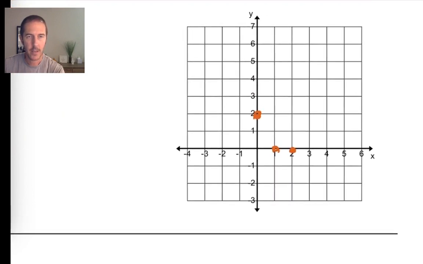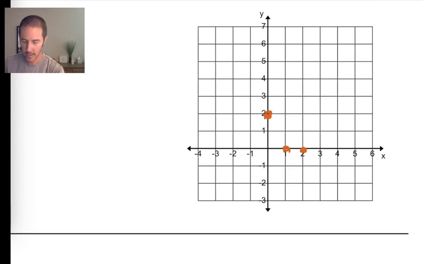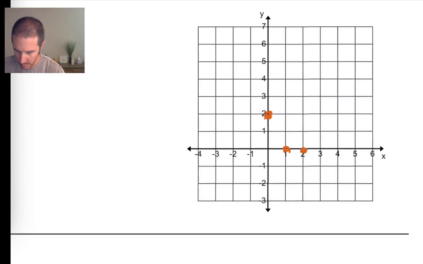The left-hand half of a parabola is the same as the right-hand half, so that's going to help me draw this. It also helps me because I know that, I think technically it's referred to as an axis of symmetry, and the axis of symmetry is going to go right up the middle between our vertices, or our x-intercepts.